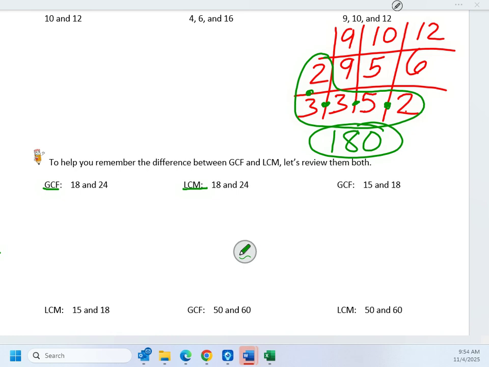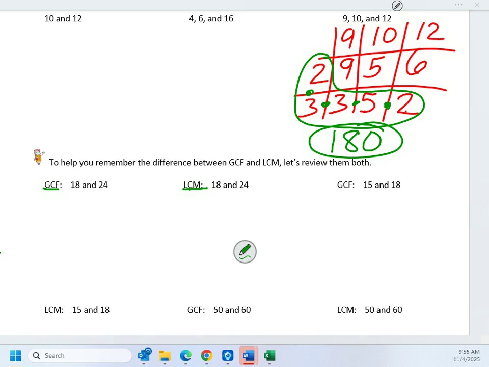You're going to find the greatest common factors using the prime factorization tree, the table, or the listing method. You decide which method you want to use. Factors are going to be those small numbers. And then you're going to do the same two numbers, but you're going to find the least common multiple, multiplying up to the big numbers using the listing or the table method.